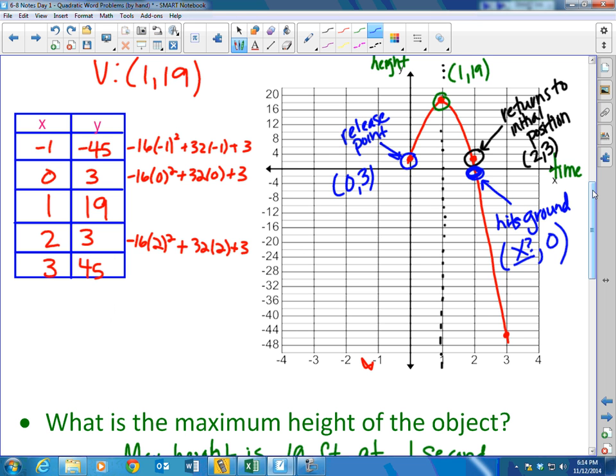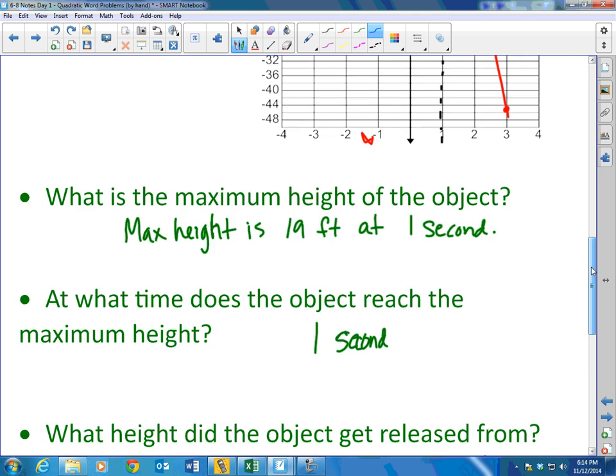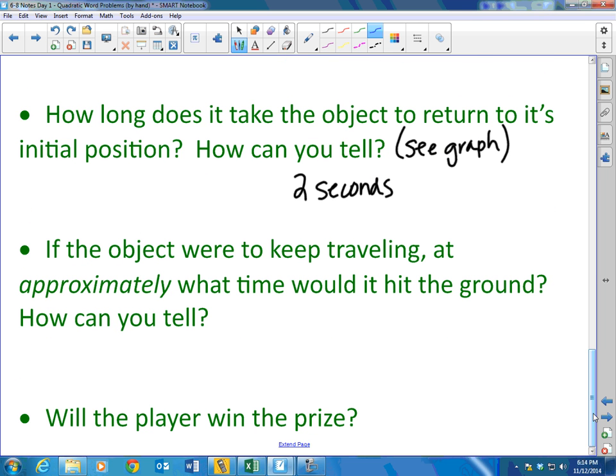We're just going to estimate here. I know that it's somewhere between 2 and 3 seconds. That's all we're going to do. I could teach you to do it another way, which we will do on a different problem. But for right now, all I know is that it's somewhere between 2 and 3 seconds. I could use the quadratic formula and solve that. I am not going to do that right now.